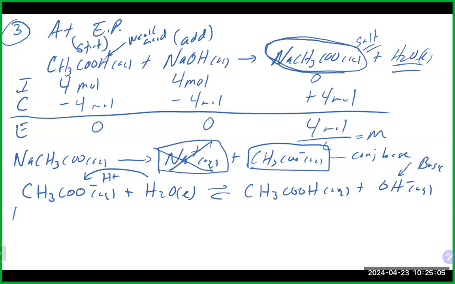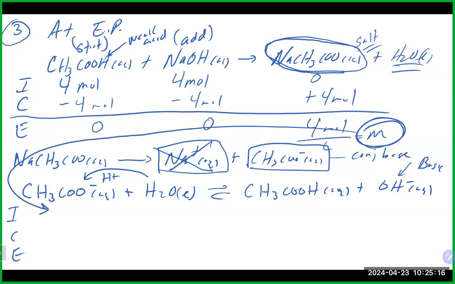We will do an ice table here, and the equilibrium concentration of our salt will become our starting concentration here, right? This ice table will be done in zeros and X's.